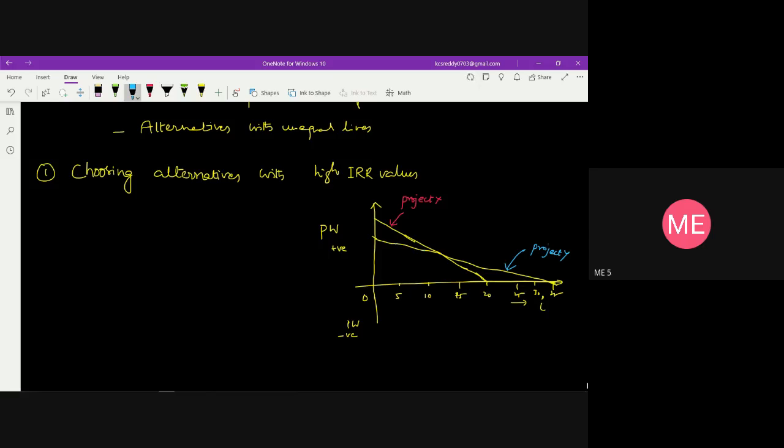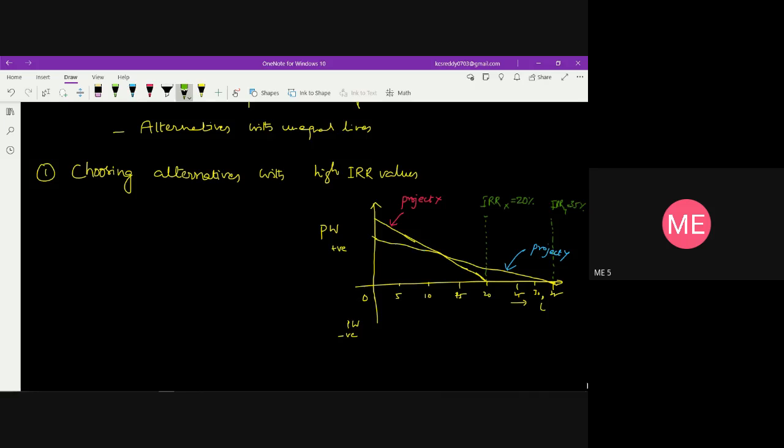For project X, the IRR is where it crosses the zero line, which is 20%. The IRR for project Y is 35%, at the point where it crosses the zero line.